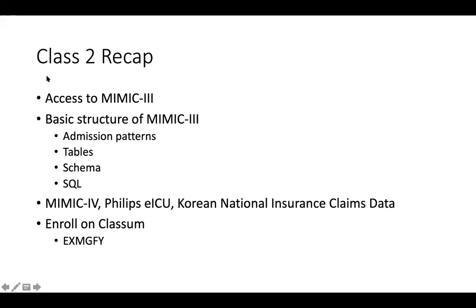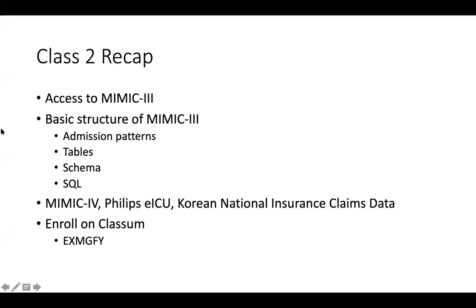And last week we talked about how to request access to MIMIC-3, the open source electronic health records dataset, the EHR dataset. Then we looked at the basic structure of MIMIC-3, some of the admission patterns, how many tables there are, the schema, and how to use SQL queries to take a look at the contents of MIMIC-3.